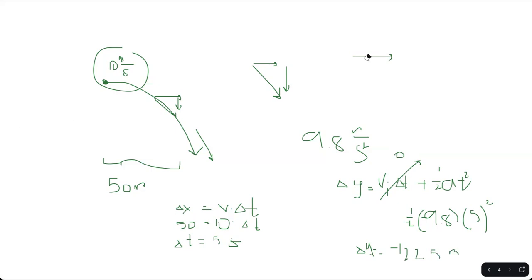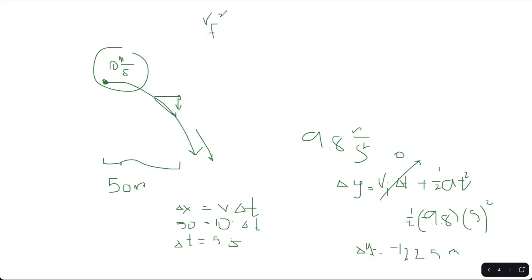What can we do with that? We wanted the final velocity, not the final position. So we use yet another kinematic equation, which is why I really like this problem. You use a lot of kinematic equations.